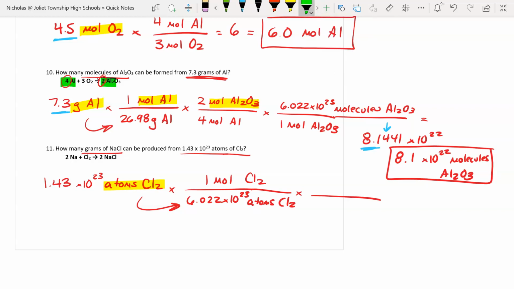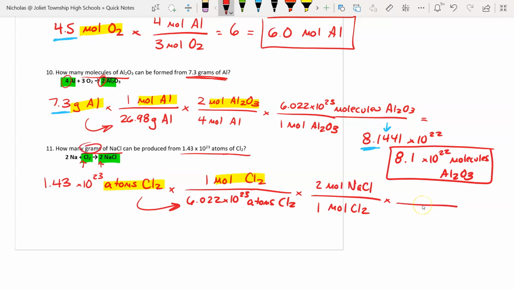So we're going from chlorine to sodium chloride. So we kind of left off with chlorine. So looking at our equation here, again, if there's nothing in front of it, there's a 1. So for every 1 mole of chlorine, we have 2 moles of sodium chloride.